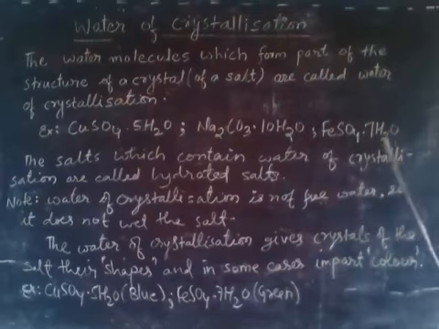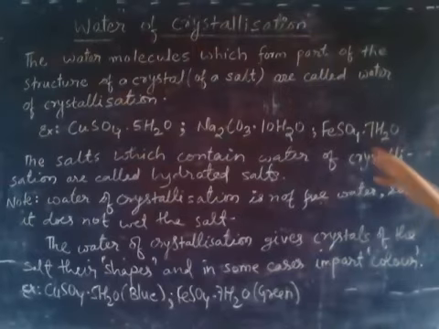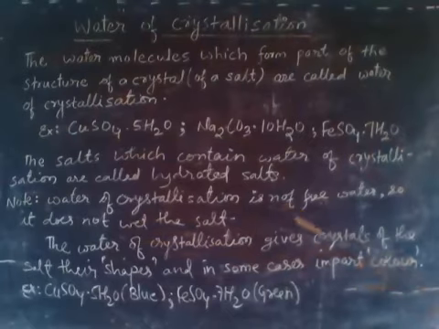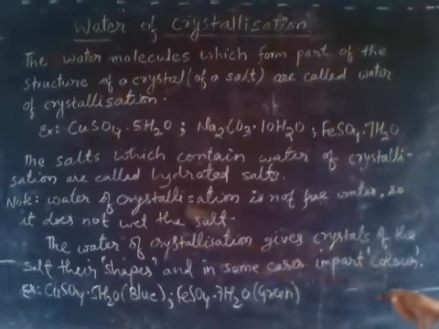But these water molecules are with a dot symbol. Dot means it is a part of the compound. It is not free, it is a part of the compound. So it will not wet the compound. So the water of crystallization is not free water. So it does not wet the salt.